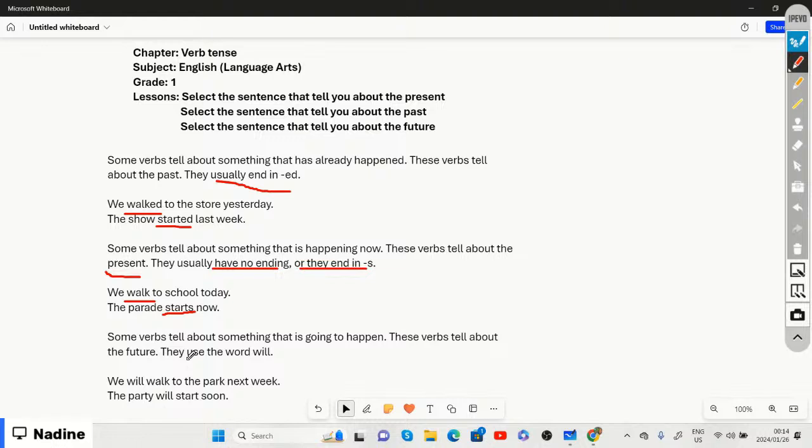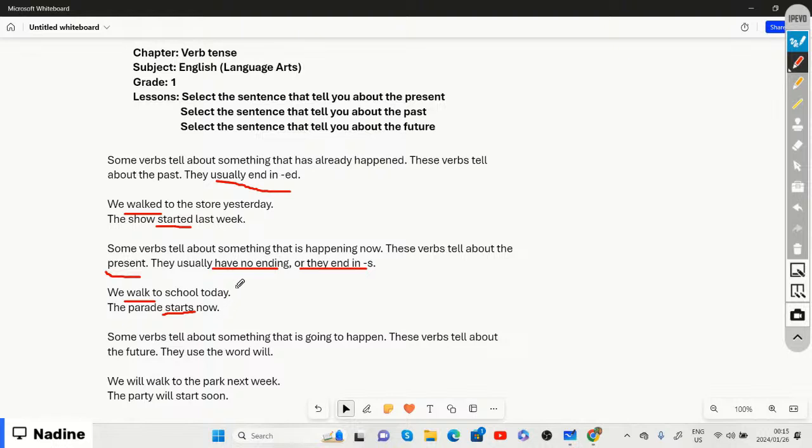But now, if we look at both of those examples, it says we, referring to more than one person, walk to school, which means that if more than one person is doing an action, then there's no ending.